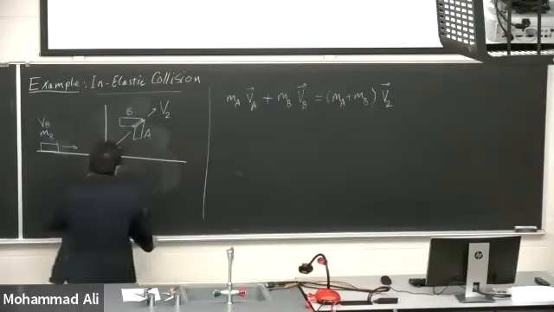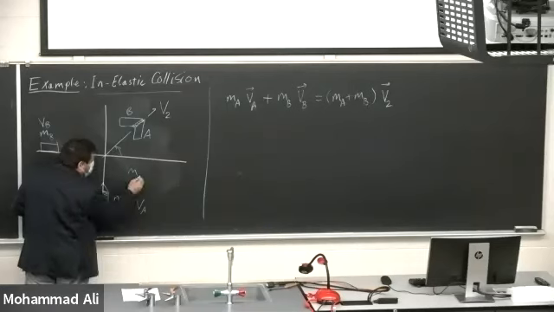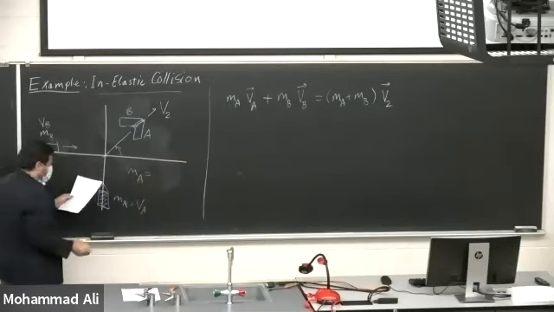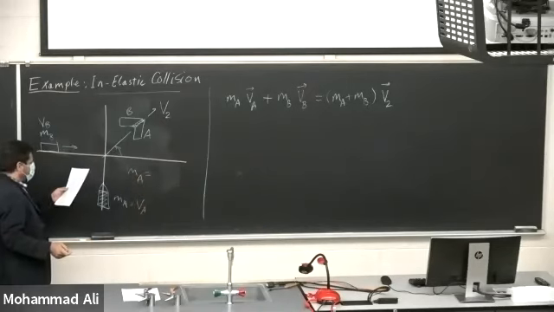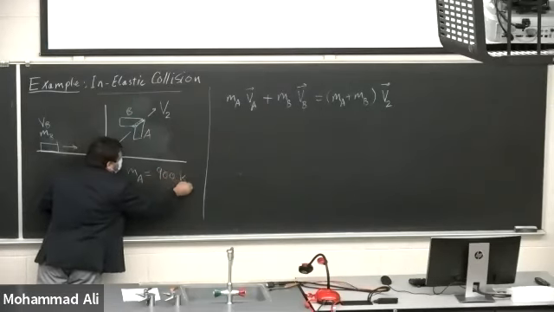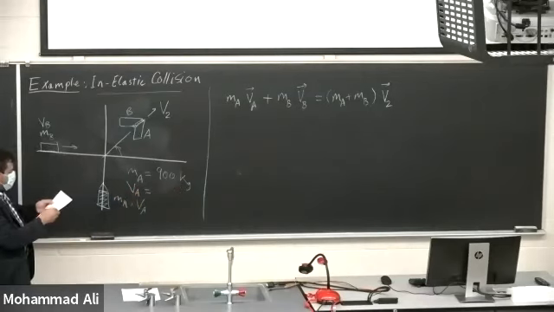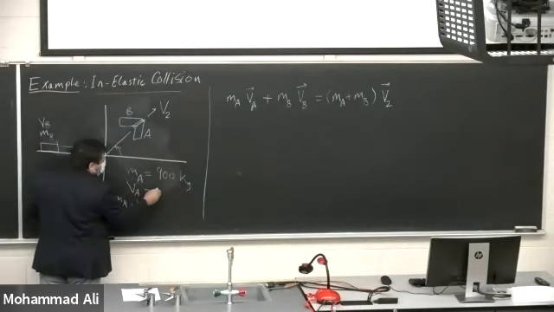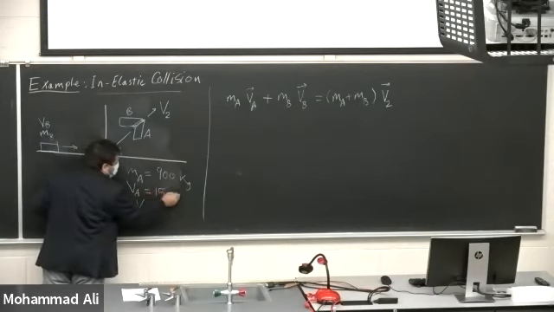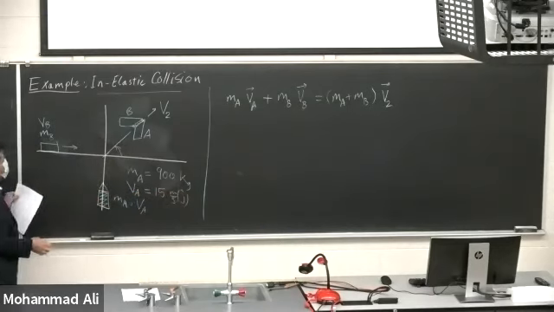If we are given that mA is equal to 900 kilograms, and the velocity VA is equal to 15 meters per second in the J direction, upward, as we see.